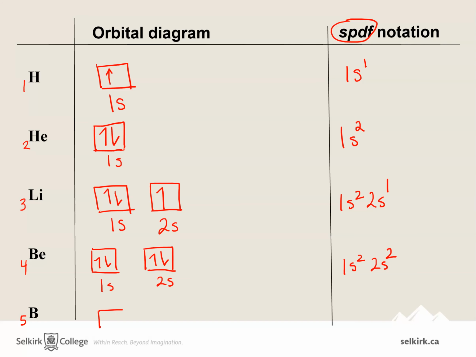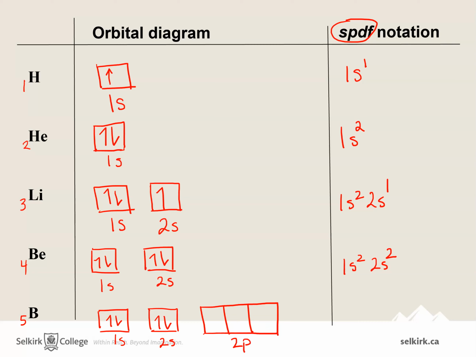Boron, atomic number 5, has 5 electrons in the neutral atom. The 1s will hold 2. The 2s will hold 2. But now I need room for more electrons. So I have to go back to my scheme and decide which energy level comes next. That's the 2p. P orbitals come in sets of 3, so I'm going to draw 3 connected boxes and label them 2p.